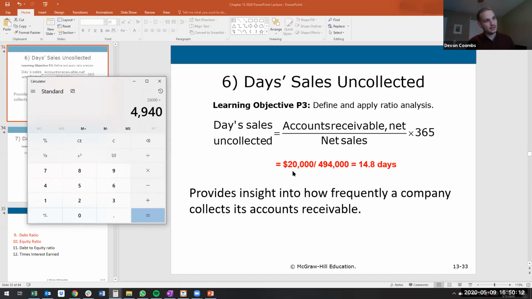We had $494,000 in sales, right? Multiply that by 365 days, and we get about 14.8 days. It means that it takes about 14, 15 days for us to collect on our accounts receivable, which is generally good. Under a month is generally considered good days sales uncollected. Anything over a month is generally seen as needing improvement.